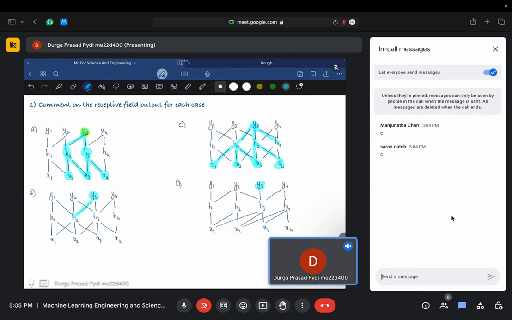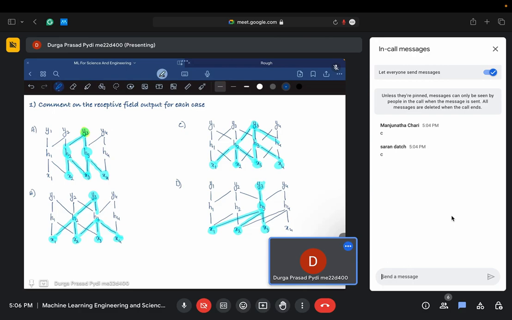If you see option B, even in case of B, you have Y3 being able to see all the inputs. So in this example, both B and C have the same receptive field.